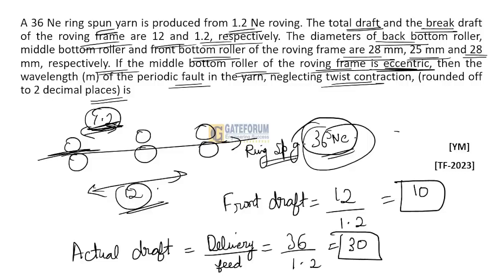And the wavelength of the periodic fault you will have to calculate. Wavelength is pi into d into total draft. The total draft we have calculated as 30.